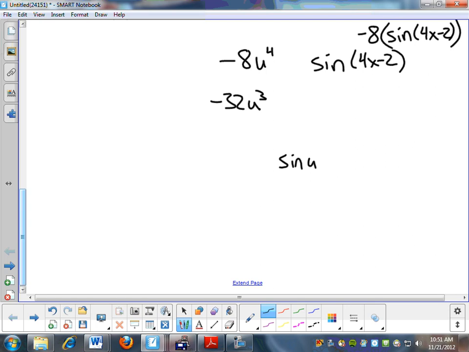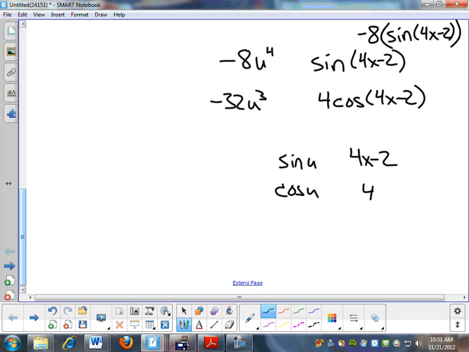Sine of u. What's the inside? 4x minus 2. What's the derivative of sine? Cosine of u. Derivative of 4x minus 2. So if I multiply those together, I get 4 cosine of 4x minus 2. So now I have that derivative.